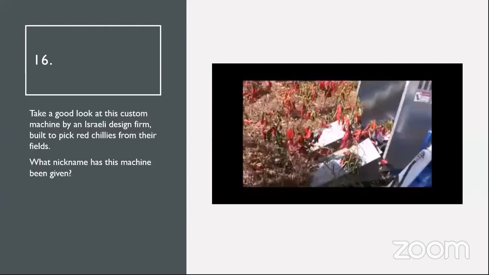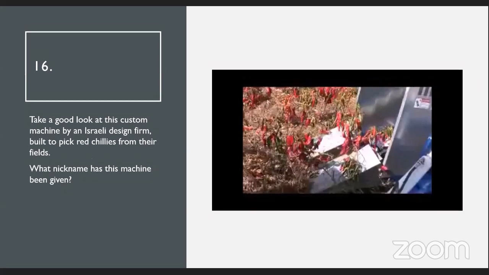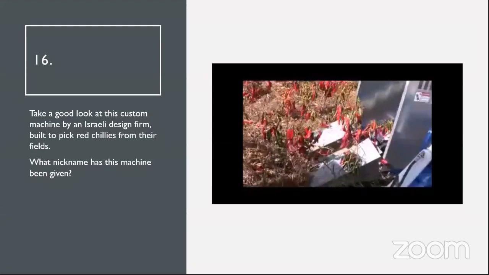What nickname has this machine been given? Team 3.